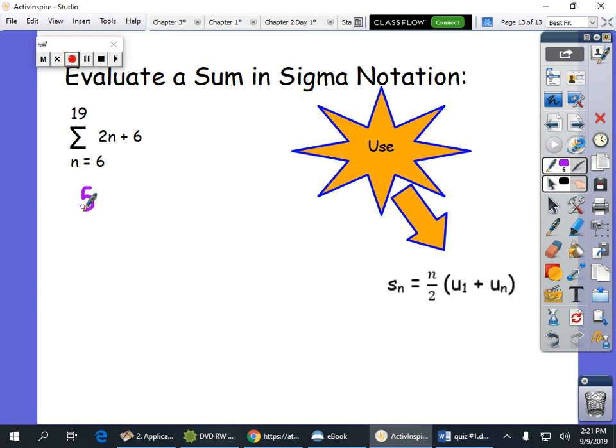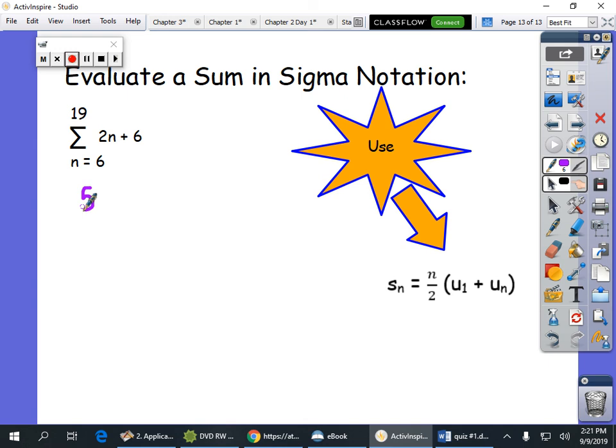Is N 5 or 6? It's not going to be 6. For the formula, I need to know the total number of terms that I'm looking for. So how many terms are between 6 and 19? It is 14 terms. If you decrease the bottom number by 1 and then subtract, it makes it easier.